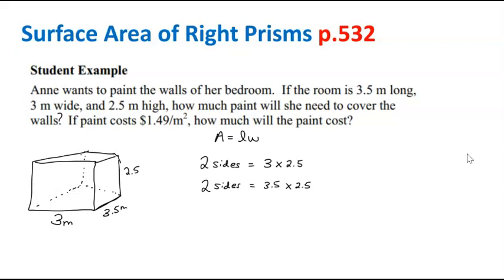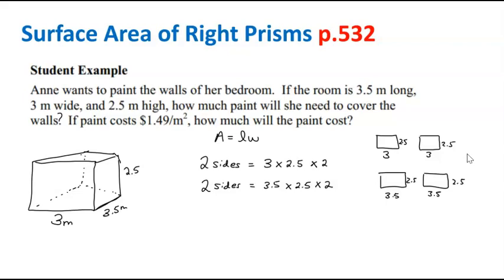Because we have 2 of those, we can multiply them by 2. Or again, you could make a label of all your sides, which would be very handy so that you can visualize in 2 dimensions what they're talking about in 3 dimensions in the problem.